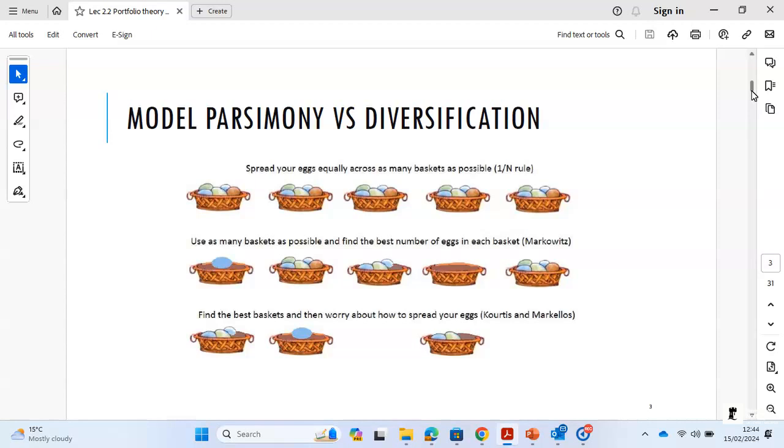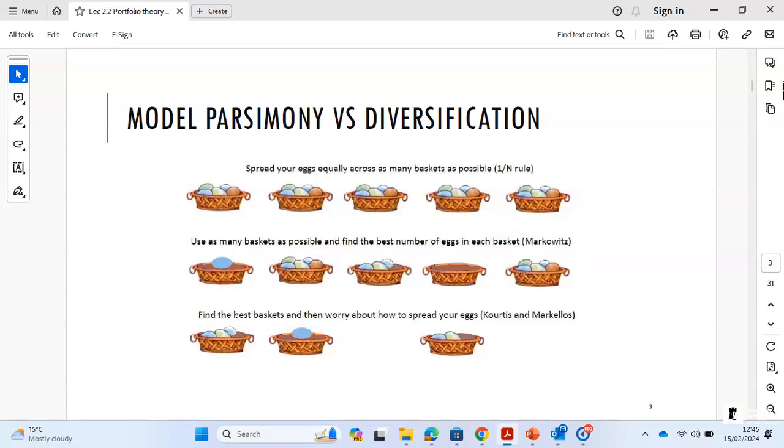Next, we have this diversification strategy that was proposed by Harry Markowitz, which says use as many baskets as possible and then find the best number of eggs in each basket. The best number of eggs essentially means weight. How much weight you're going to put in that particular asset. Okay? How much money you're going to invest in that particular asset relative to your total size of investment.